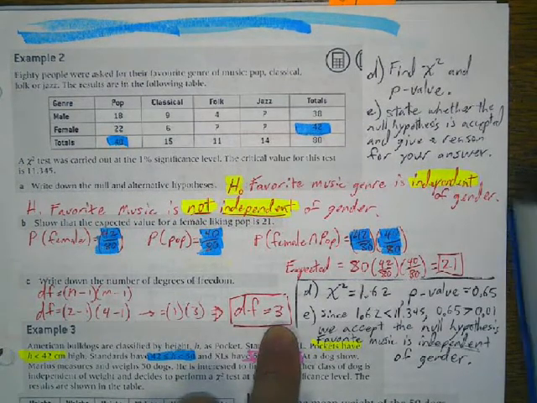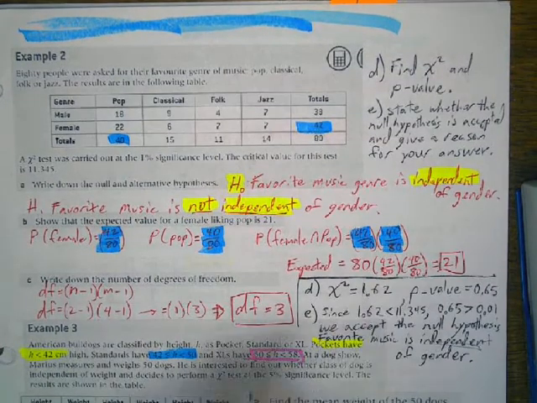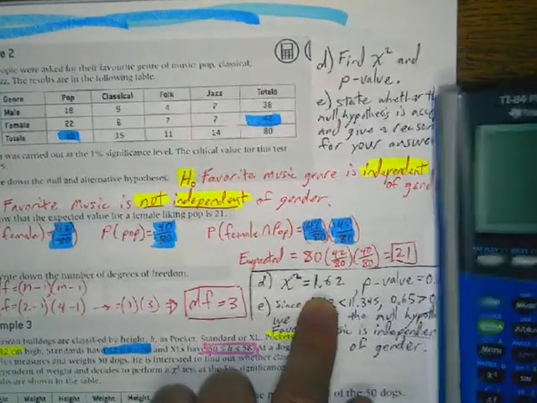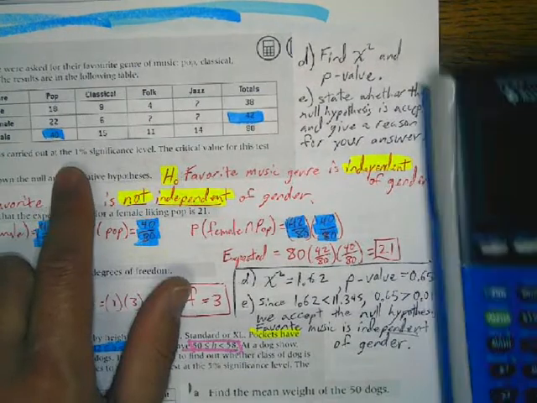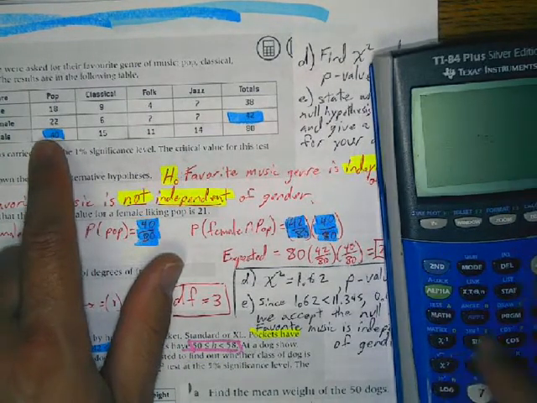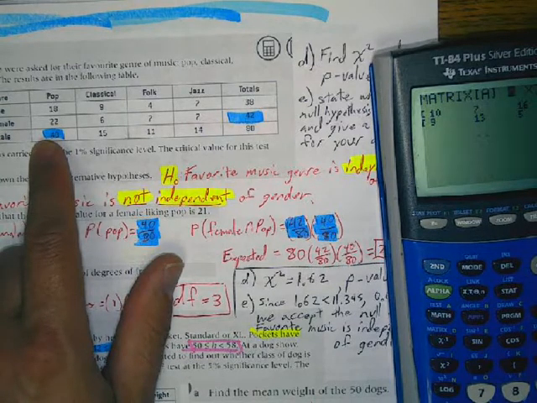Find the value of chi-squared. So let's plug this into my calculator. Second matrix, edit, 2 by 4.